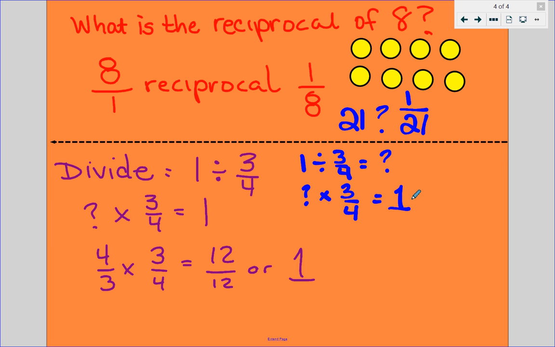Well, we just said, what number times 3/4 is going to get me to 1? Its reciprocal. So we have the 4 on the top and the 3 on the bottom. We just crisscross them, moving that 3 to the bottom and the 4 to the top. So in this case, my answer would be 4/3. That's how we do that when we're dividing by numbers like that.